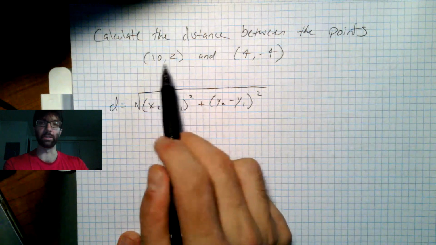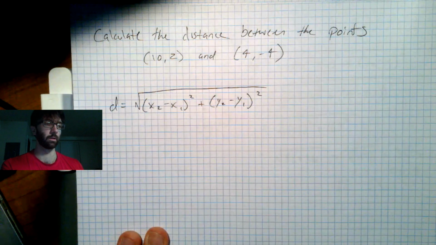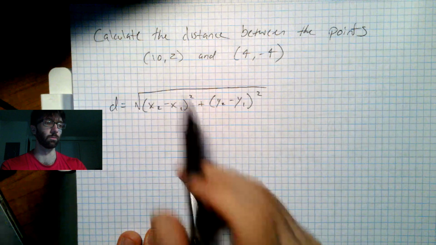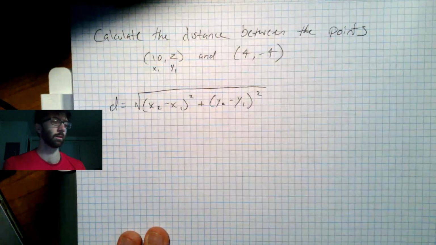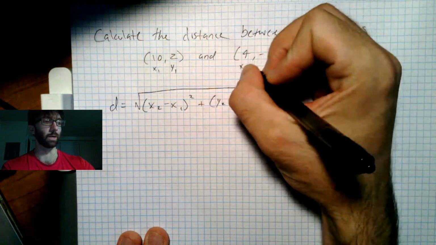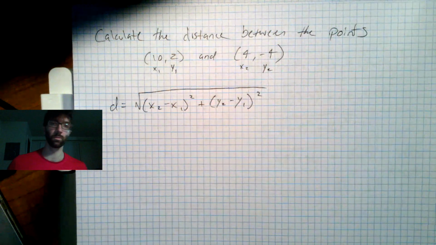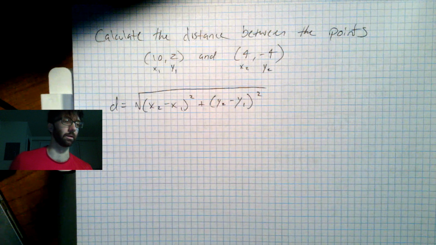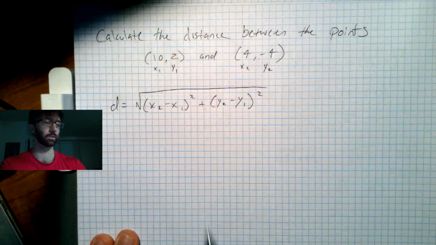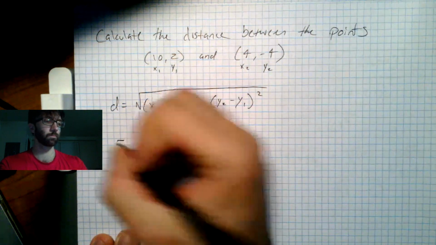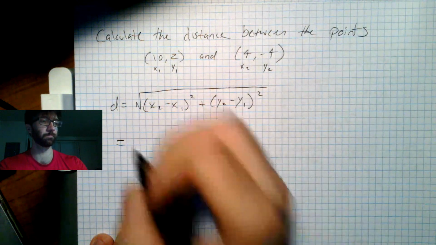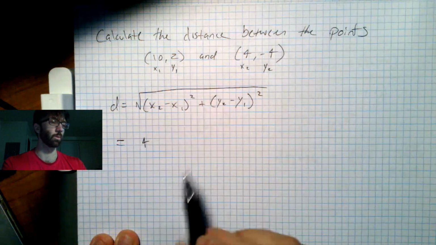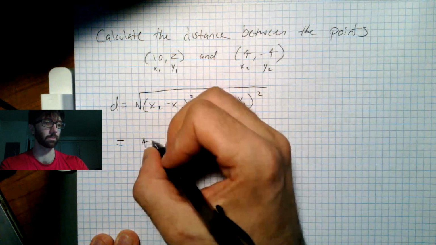So we need to establish what x sub 1 and y sub 1 are. So since this comes first, I'll just call this x sub 1, y sub 1. And I'll call this x sub 2, y sub 2. And then we just go ahead and make our substitutions. And so x sub 2 was 4, right? And we're going to subtract x sub 1, so that's minus 10.